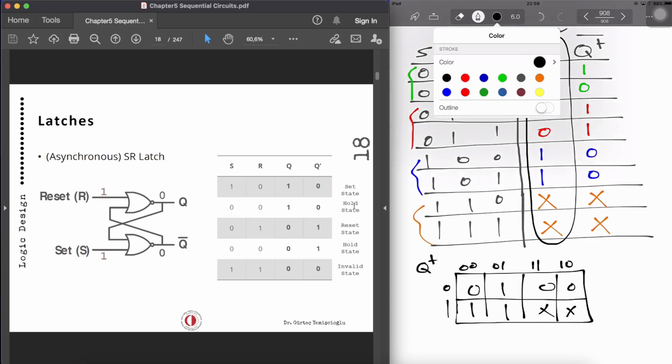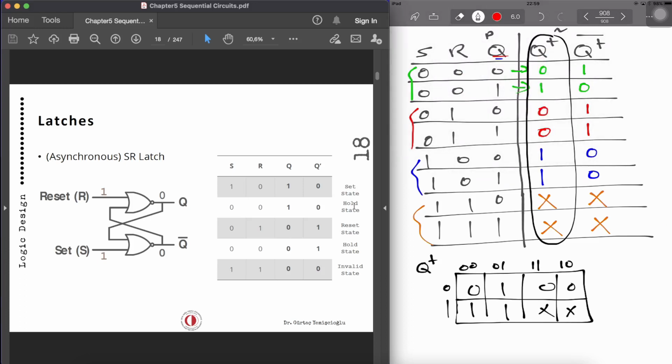Now, if I combine, I can see that this can be combined.